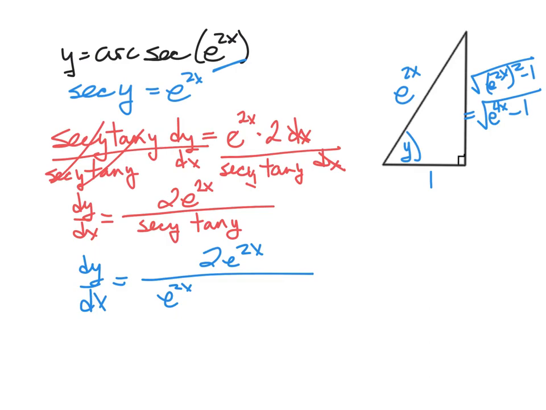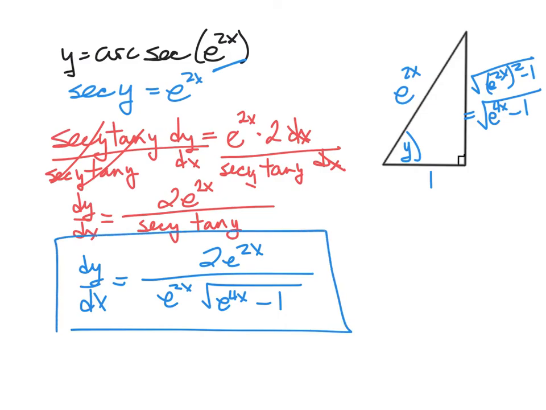And our tangent is going to be opposite over adjacent, so just that square root over 1. So square root of e to the 4x minus 1. And that's our process for trying to find the derivatives of inverse trig functions.